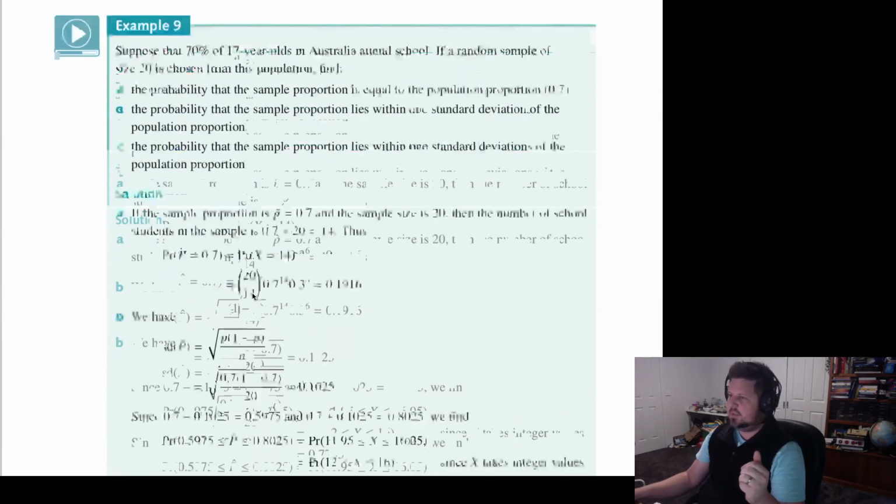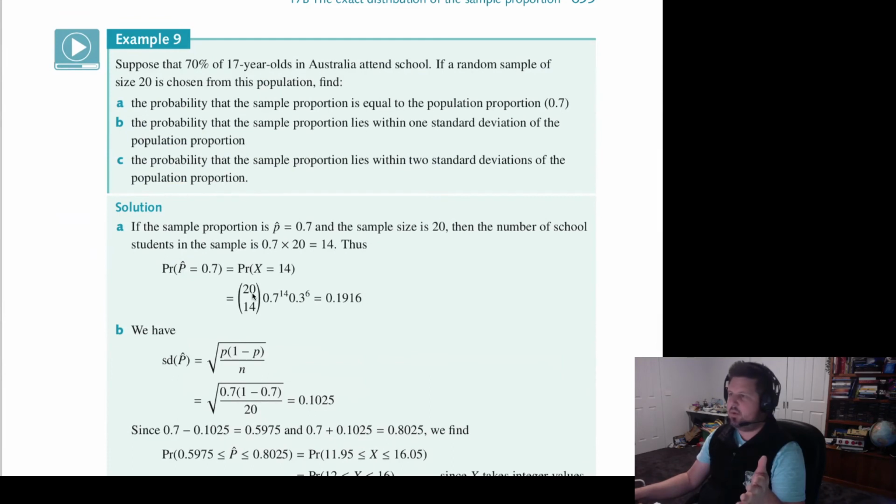Alrighty, last one. Example number 9. Suppose that 70% of 17-year-olds in Australia attend school. If a random sample of size 20 is chosen from this population, find the following. Find the probability that the sample proportion is equal to the population proportion of 0.7.